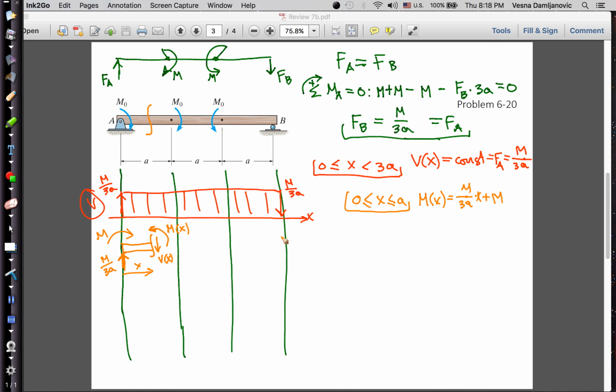Okay. Now, when we make a new cut for this section, we again draw the whole beam to the cut. And now, again, we have to repeat this several times. Don't be overconfident. It's better that you repeat it instead of guessing on the exam. Okay.